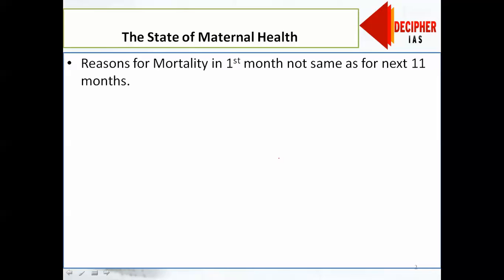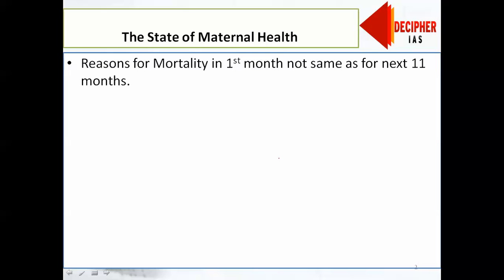A child's life chances during this period are ultimately dependent upon his mother. Obviously, if a child is healthier in pregnancy, is given the right kind of diet, the right interventions are made, and the right kind of tablets like deworming tablets are given, he will have a healthier future.